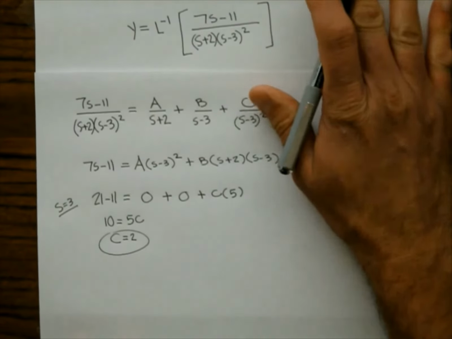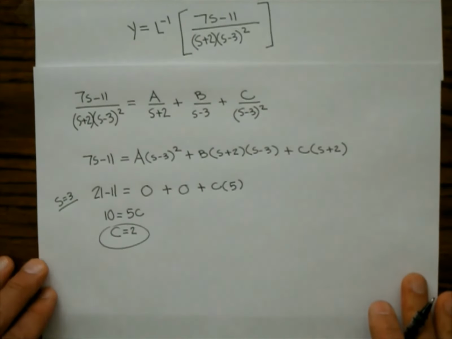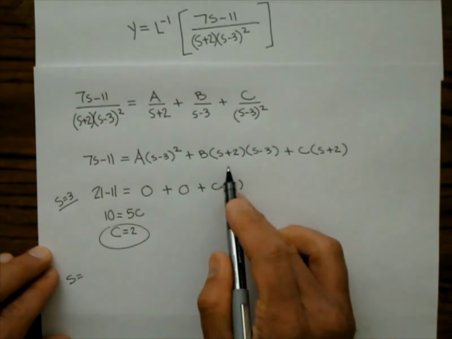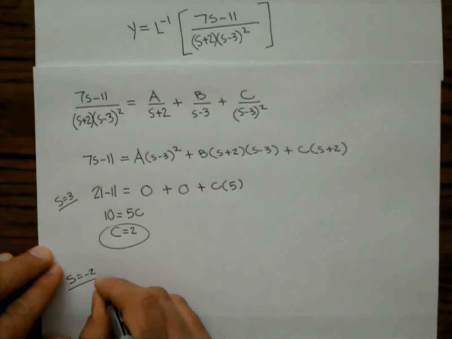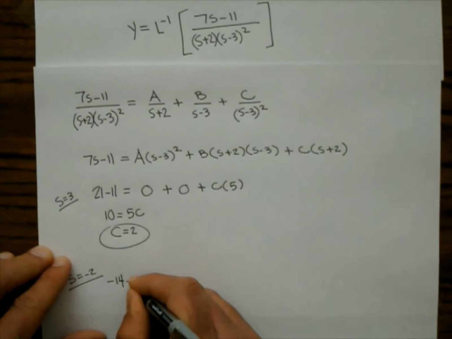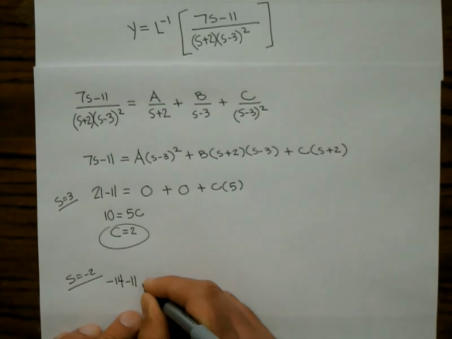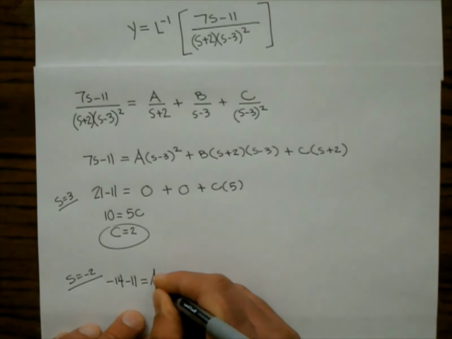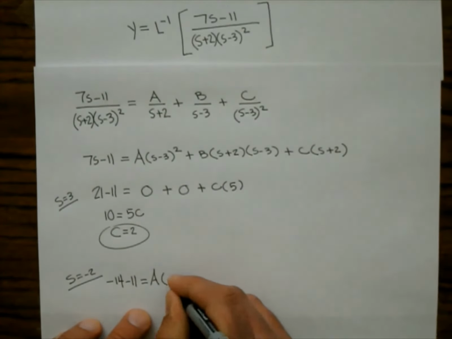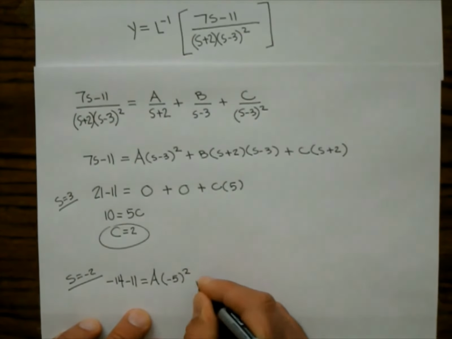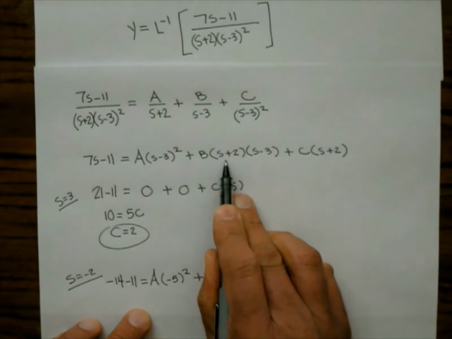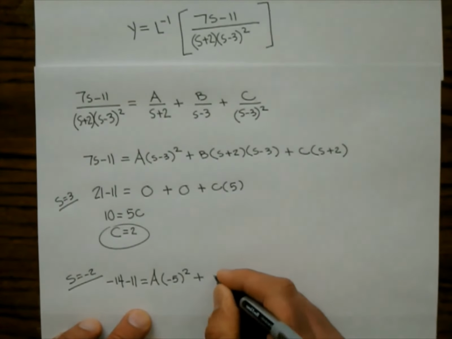Okay, now I want to put another value of s in. Maybe s equals negative 2. So this gives me negative 14 minus 11. This equals a. And then we put negative 2 in there, so we have negative 5 squared plus, this guy's going to zero out, so he's dead, and then this guy is also dead.